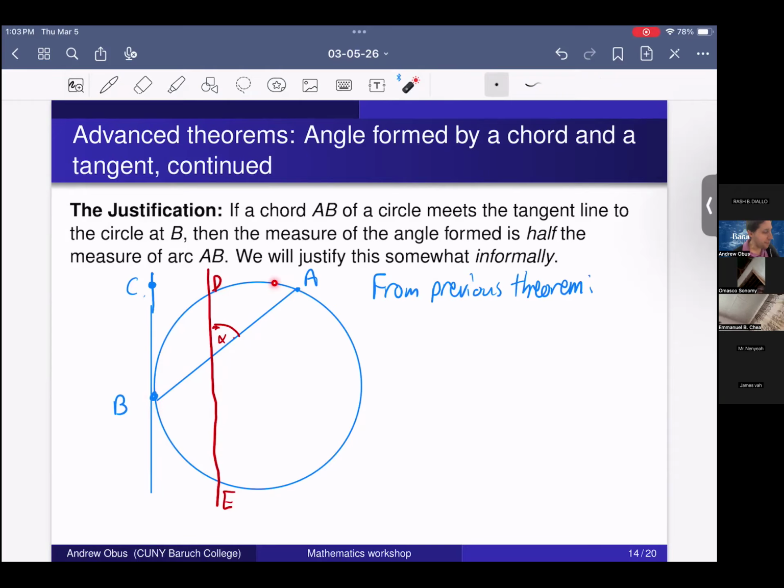It's 1/2 times the measure of arc AD plus the measure of arc BE.